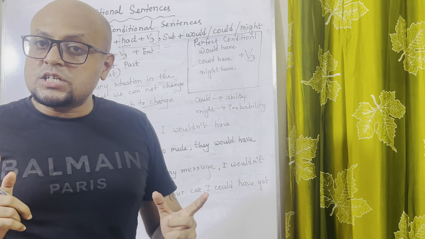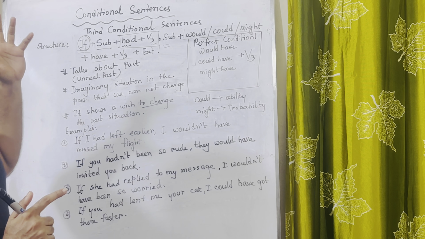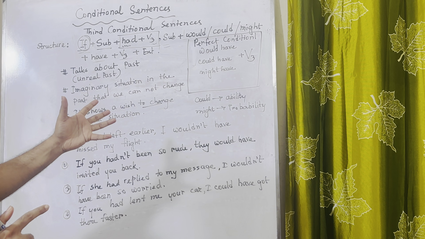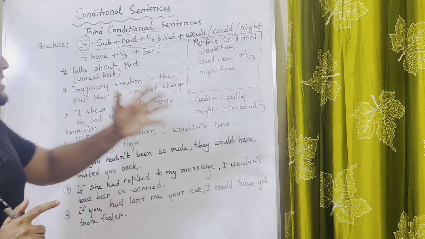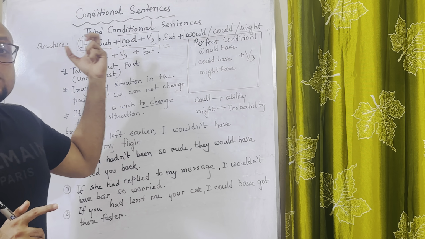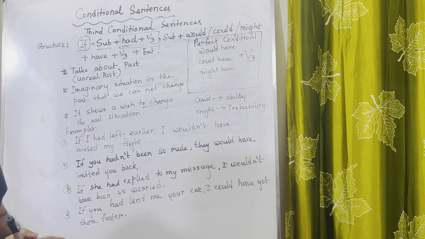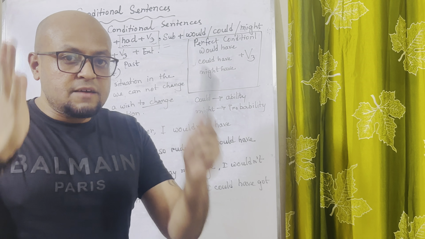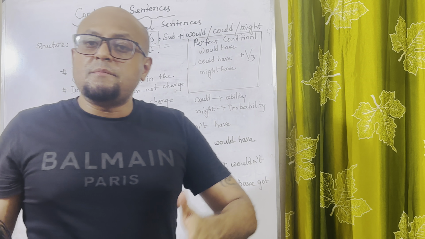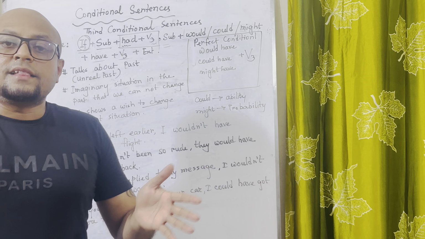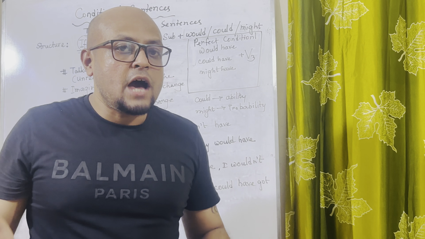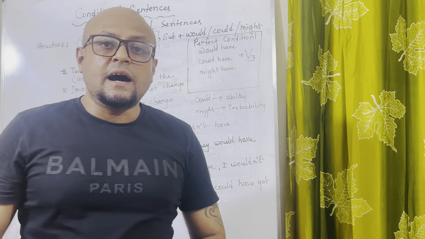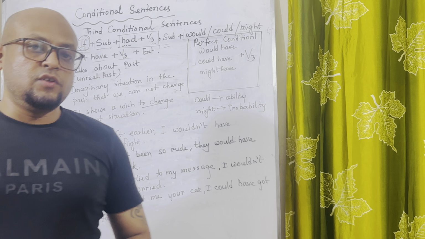So what is the structure of the main clause? The main clause starts with the subject followed by would, could or might, and then have plus the V3 form. So would have, could have, might have. You need to keep in mind that the verb in the main clause will start with would have, might have or could have, followed by the V3 form of the main verb.